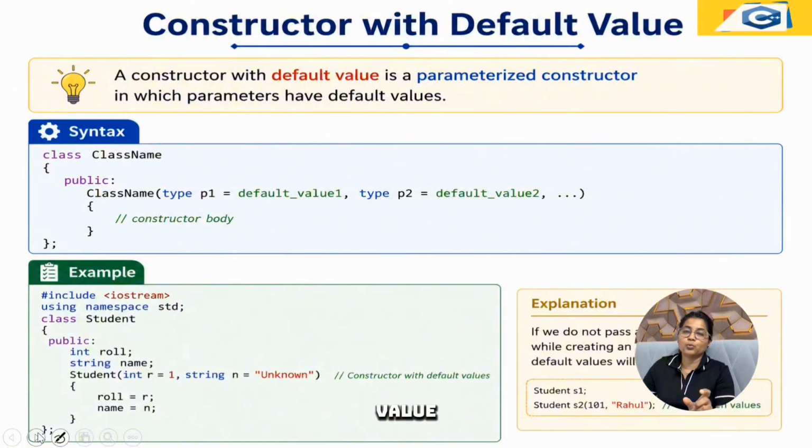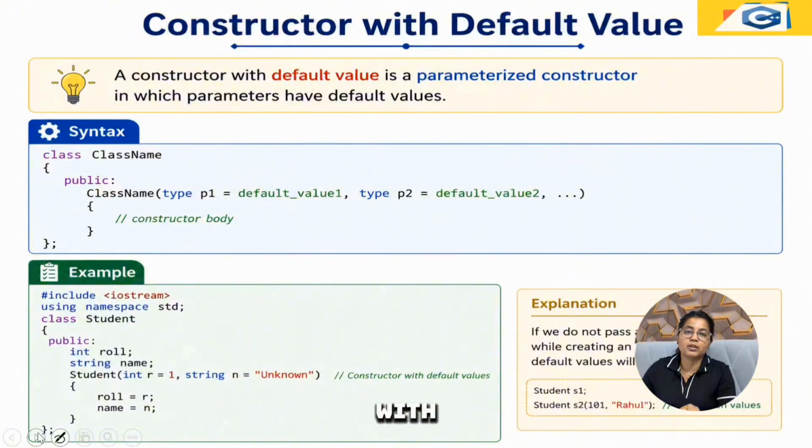Default value constructor is different from default constructor. See the difference. The words are the same, default, but default value constructor means it is a parameterized constructor in which we will pass by default values to the constructor variables.